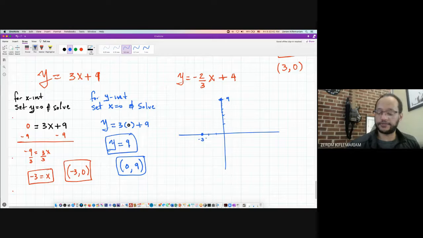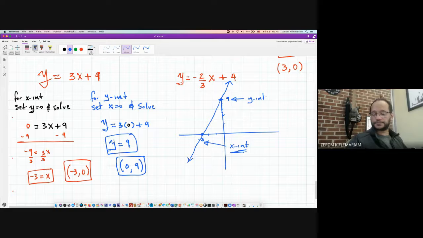So if I graph this, I should be seeing a graph, not the sloppy one over here. I should be seeing a graph something like this to show me that at 9 there is a y-intercept, and at negative 3 there is an x-intercept.